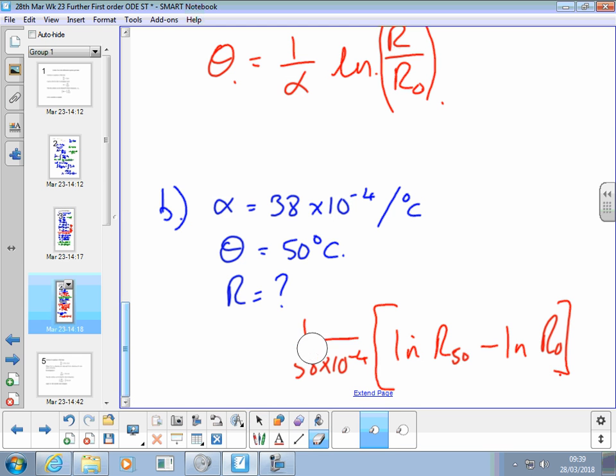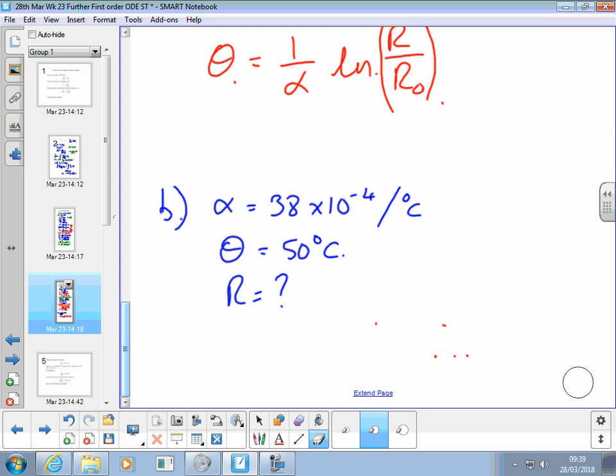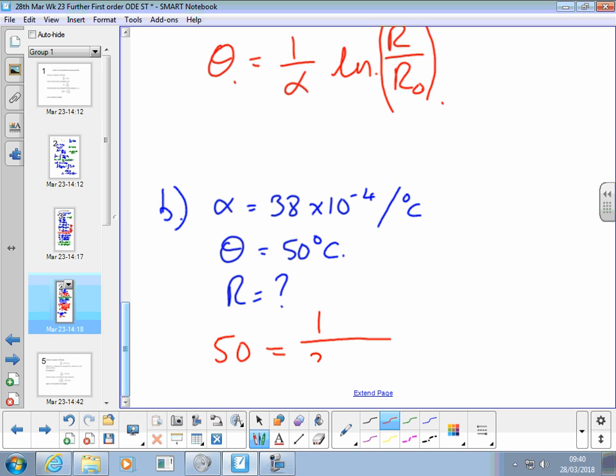Let's get rid of this. 50 is the temperature at which we want to know the resistance of the material, 50 degrees C. So that's theta equal to 1 over alpha, 38 times 10 to the minus 4, times ln R, which is what we want, over R0.